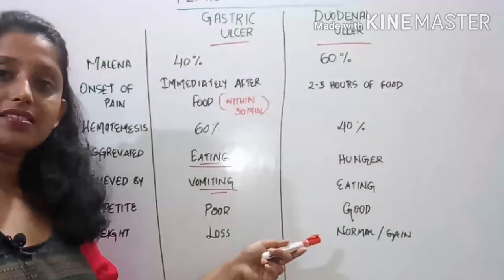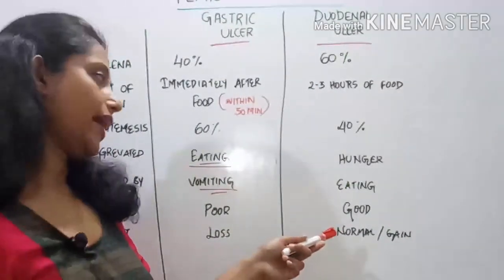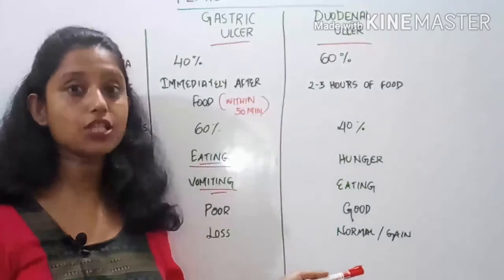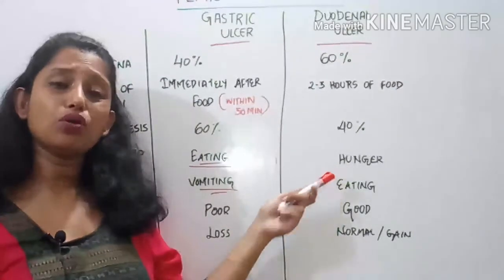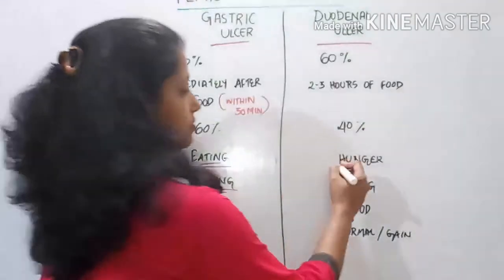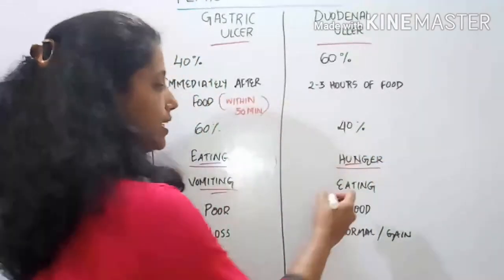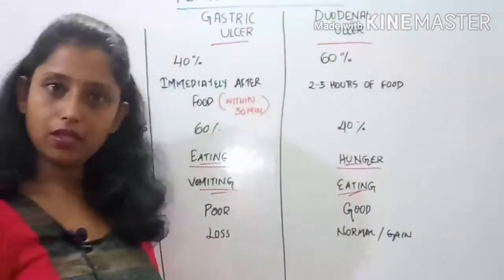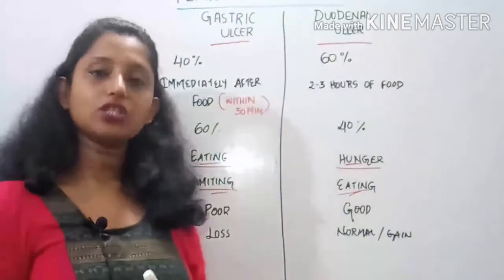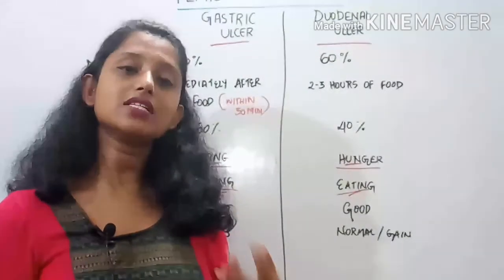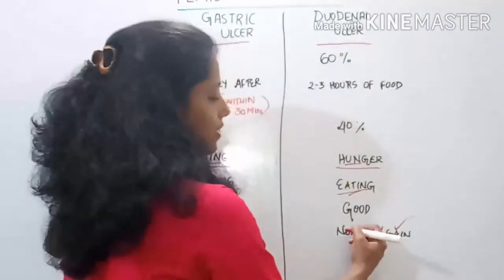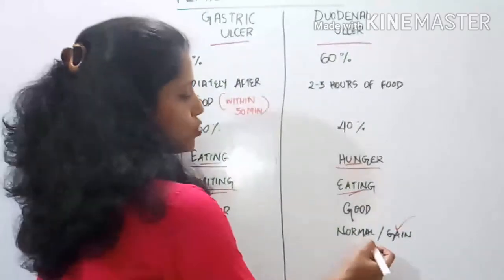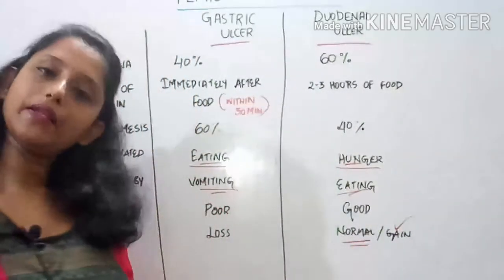And in duodenal ulcer, it can be normal or there is a chance of weight gain, because the patient gets pain when he or she is hungry, and eating food can relieve the pain. So because of this, the patient can have more food because it relieves the pain. This can result in a weight gain, or it can make the patient have a normal weight.